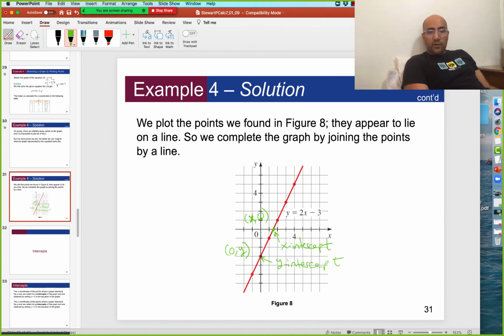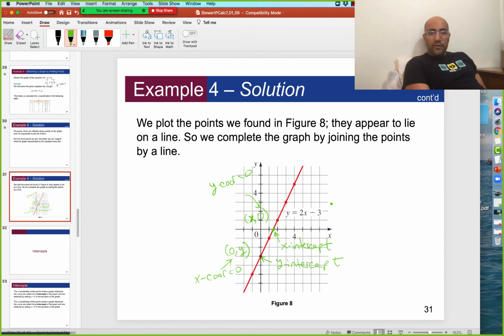So (x, 0) describes the x-intercept, because the y-coordinate equals 0, whereas (0, y) is the y-intercept, which means that the x-coordinate equals 0. So when we have an equation like this and we want to find this x value, what we do is we let y equal 0.